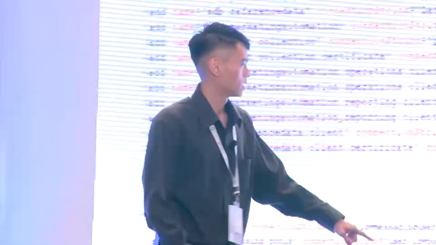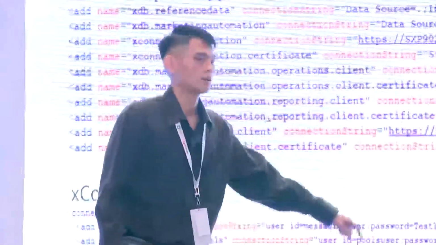For the third problem, where there is no contact inside the contact list even though we believe there is supposed to be, that links to the collection setting in XConnect, where we need to use the correct shard map manager, like shard0 and shard1.